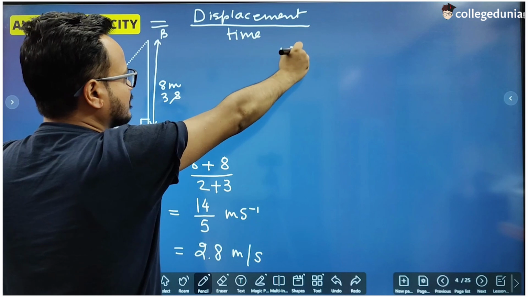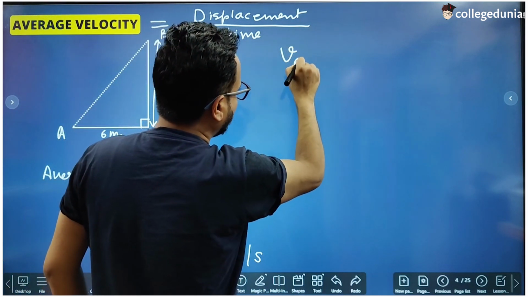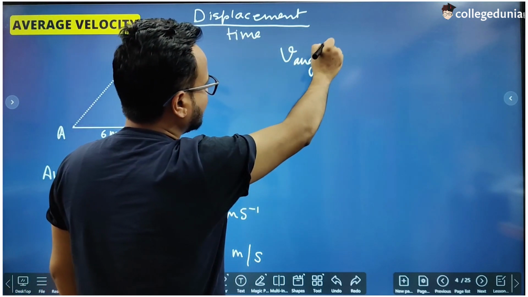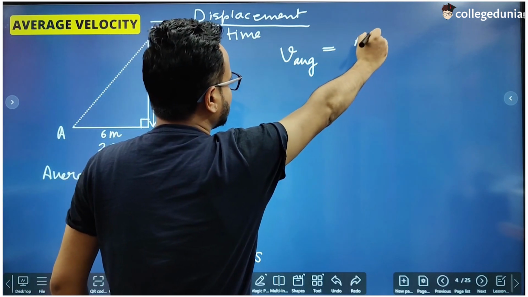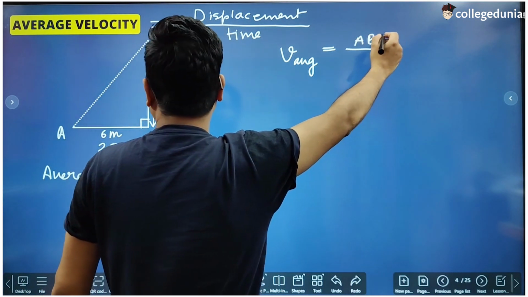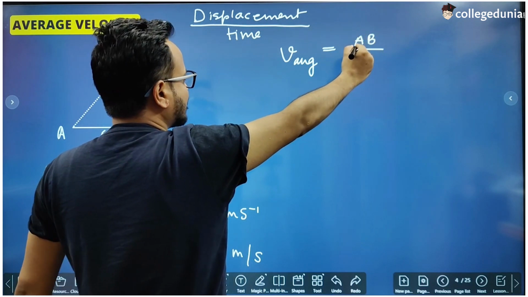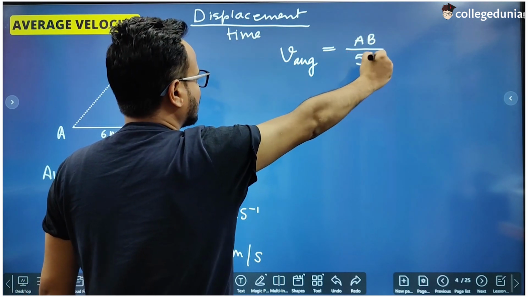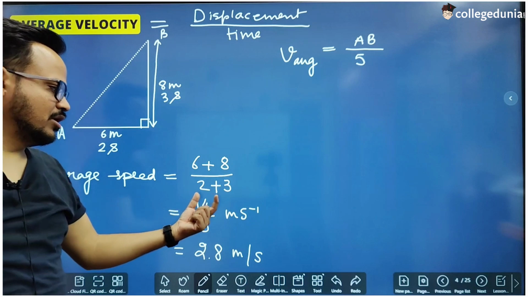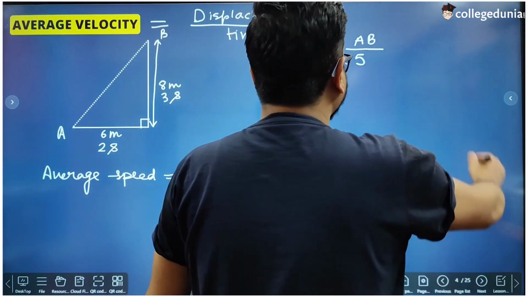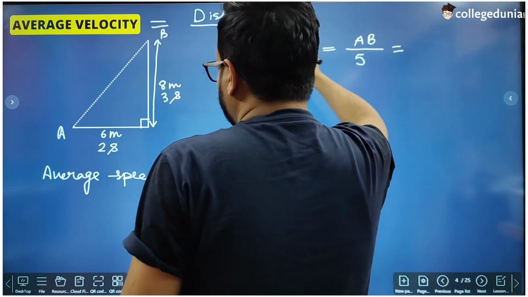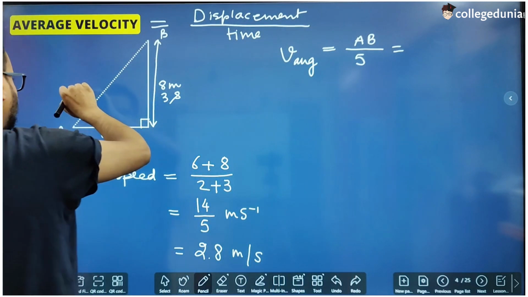So V average is the displacement AB by total time, and time is 5 seconds. We will find AB using the Pythagoras theorem.